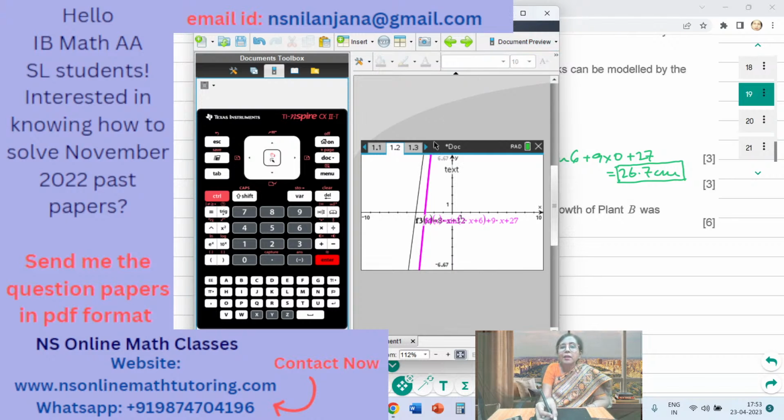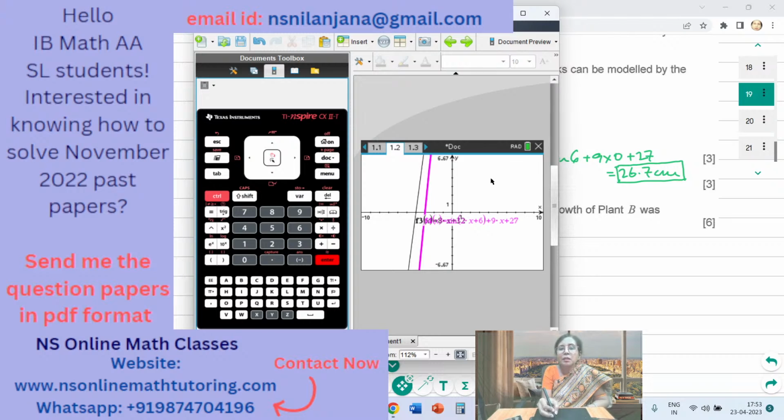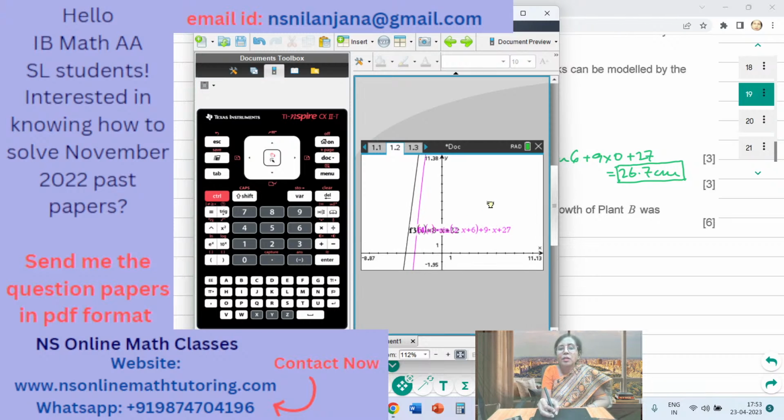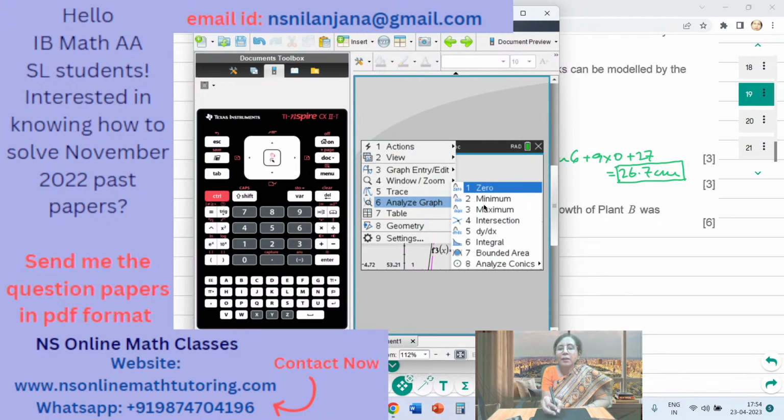Okay. And they are asking when is HA of t equal to HB of t. That means the intersection point. Where do they intersect? Over here, I'm not going to the settings because I really do not know which settings to take, so I have taken these. Fine. So now I'll go to analyze graph and intersection.